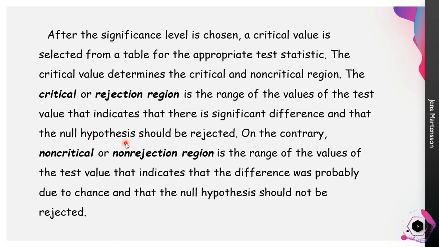Okay, kapag po yung nakuhang value is nasakto doon or not literally nasakto, basta nandun siya sa range nung critical region or nung shaded area, we need to reject the null hypothesis.